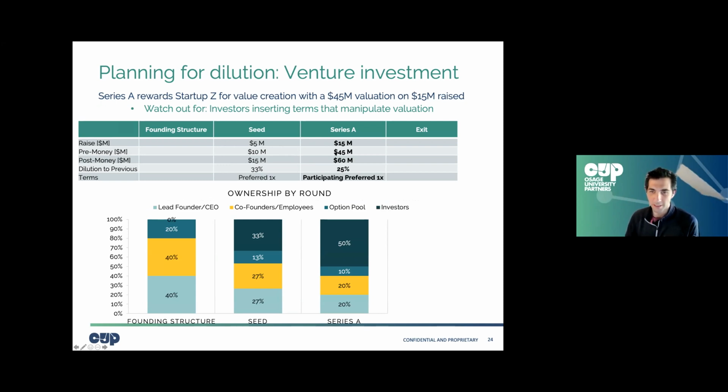A down round would be the opposite, for example if the pre-money was $10 million instead of 15. In that scenario you'd do a different dilution calculation, and everyone's getting crushed. As investors in the seed round, you would be sitting at less than 1x your investment in terms of paper value. It's not a good situation, but companies recover from it.